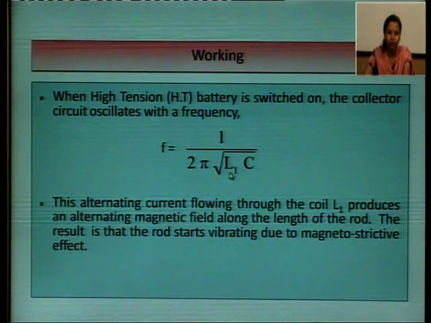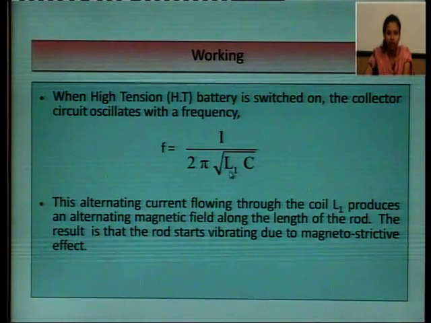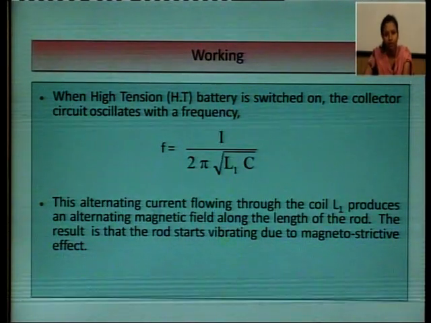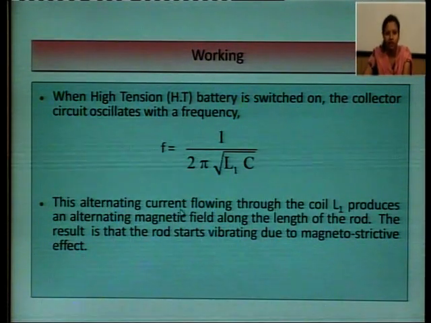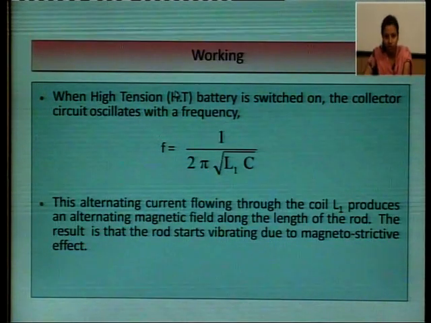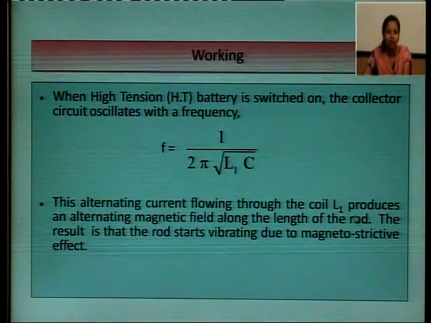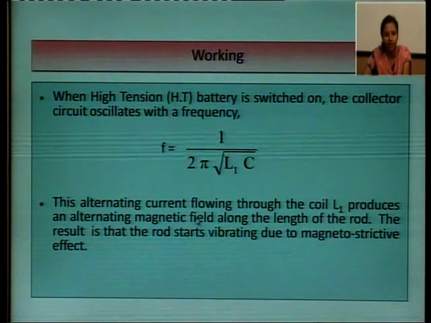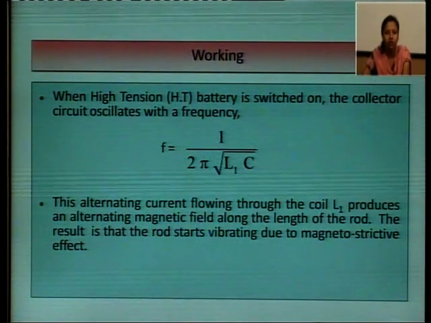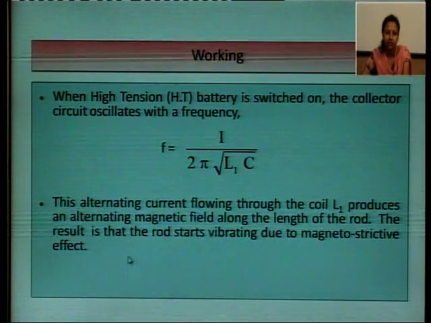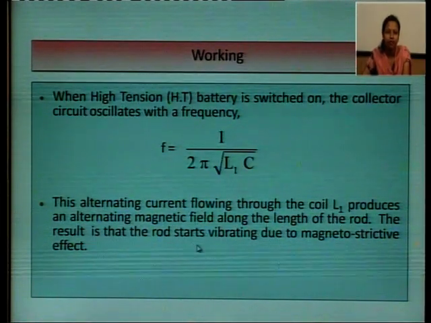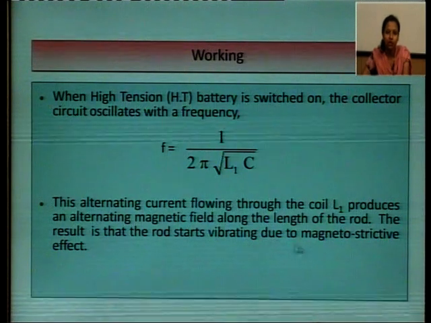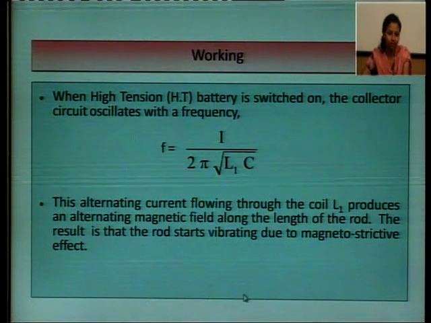L1 is fixed because it is a coil. This alternating current, because of the high tension battery, flows through the coil L1 and produces an alternating magnetic field along the length of the rod, and the result is that the rod starts vibrating due to the magnetostrictive effect.